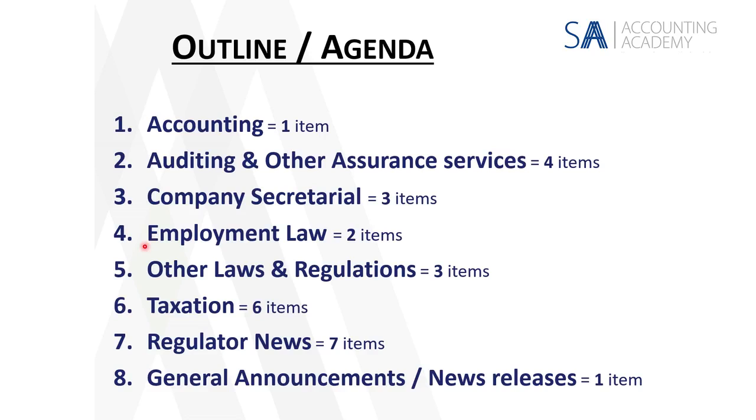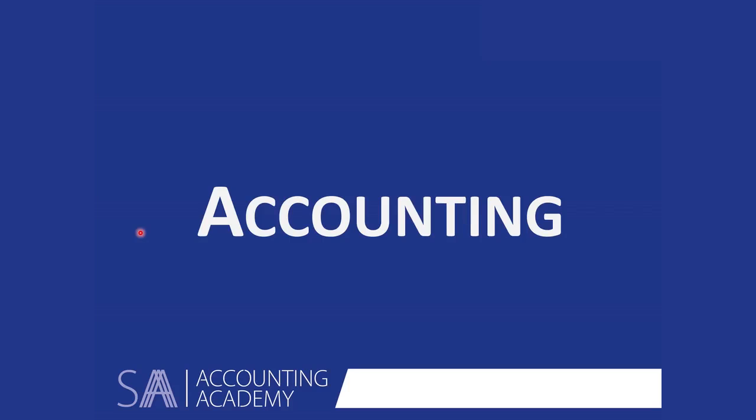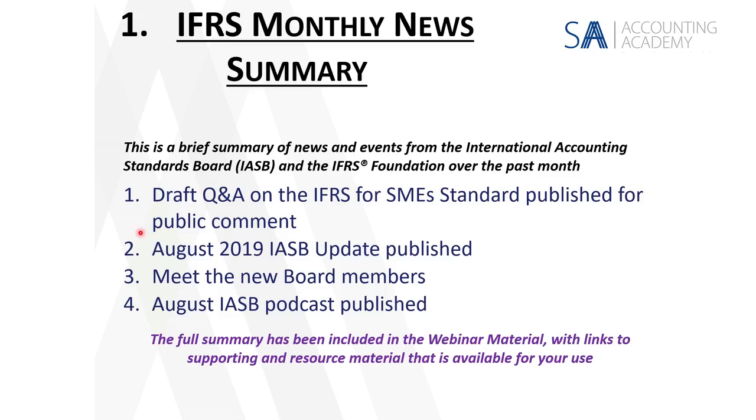Right. So even though we don't have the numbers this month, I think the meat that we have around it is quite nice. So let's get started with our accounting update. On the accounting update, you'll see I've only included the most relevant topics for you from the IFRS monthly news summary. I do go onto the IFRS Foundation webpage, and I can go to any of the standards boards and their committees and whatnot.